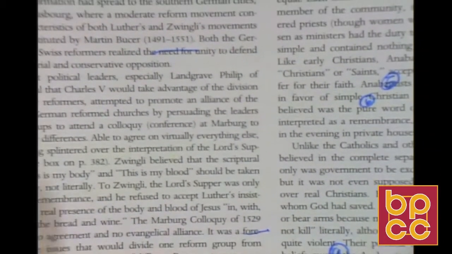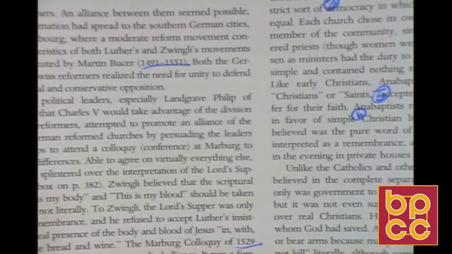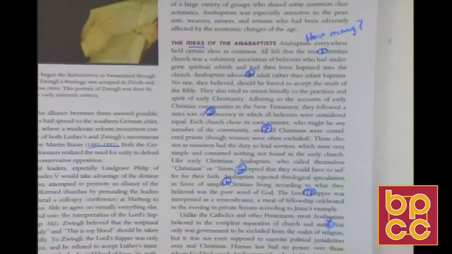Then down a little further here we have 1529 is when the Marburg colloquy was called. So I'm thinking that might be a question the history teacher may ask on the test, so I'm marking that.